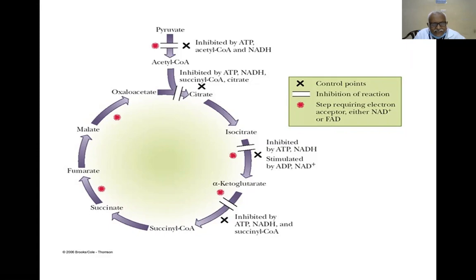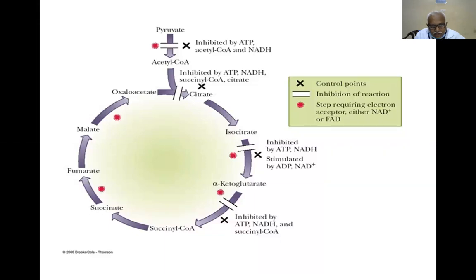And then citrate is converted into isocitrate, and isocitrate is converted into alpha-ketoglutarate, which is inhibited by the presence of enough amounts of ATP and NADH and stimulated by ADP and NAD+. So these are the things that accelerate the production of alpha-ketoglutarate.